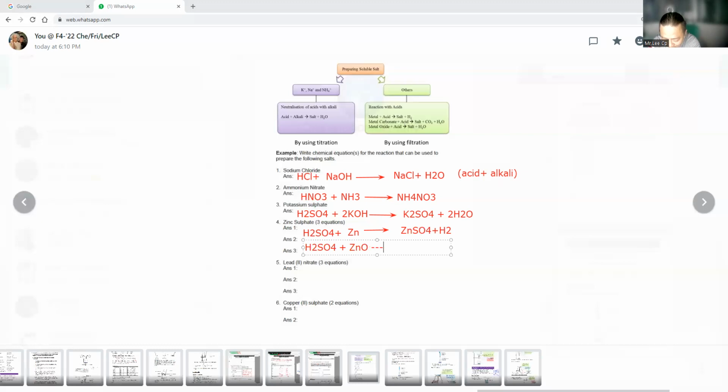So what will I get? ZnSO4 plus H2O. Good.